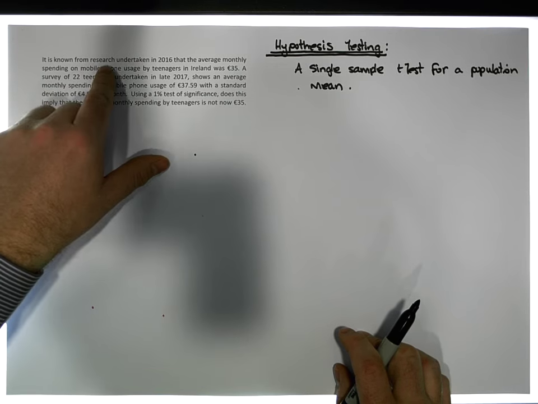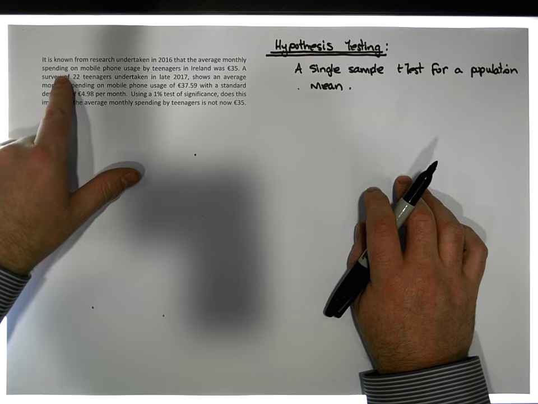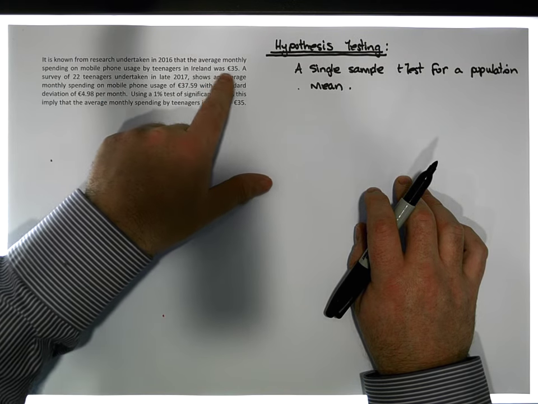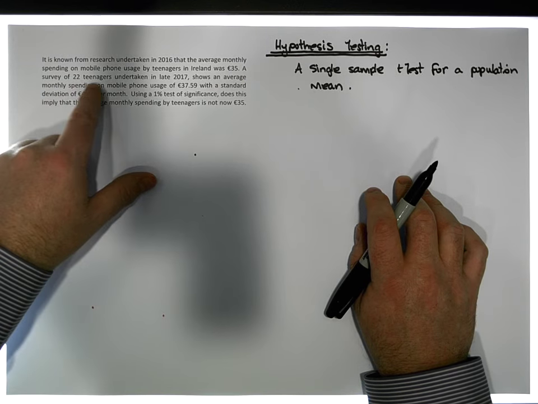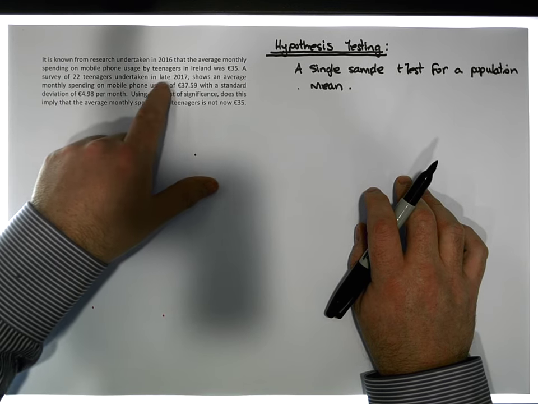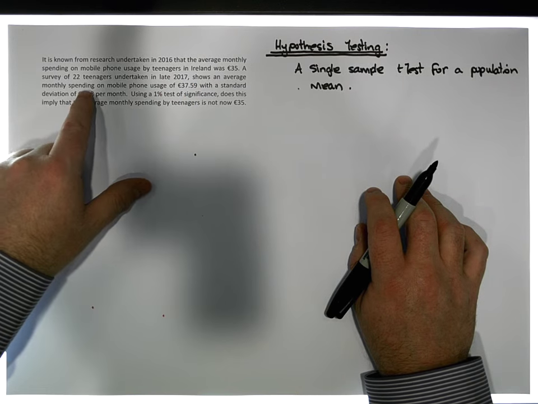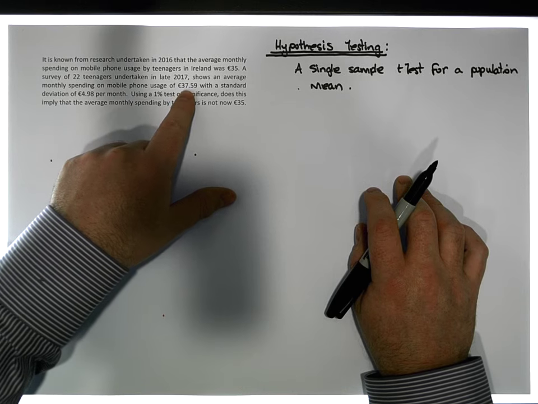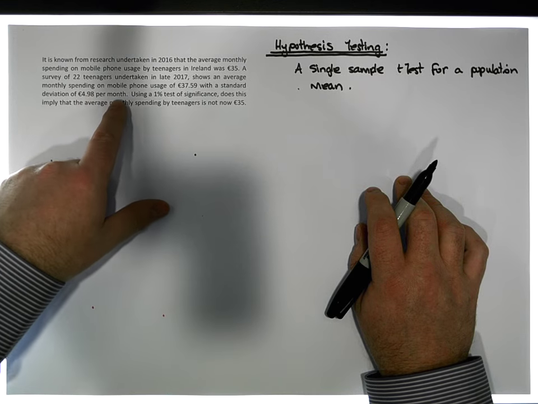It is known from research undertaken in 2016 that the average monthly spending on mobile phone usage by teenagers in Ireland was €35. A survey of 22 teenagers undertaken in late 2017 shows an average monthly spending on mobile phone usage of €37.59, with a standard deviation of €4.98 per month.